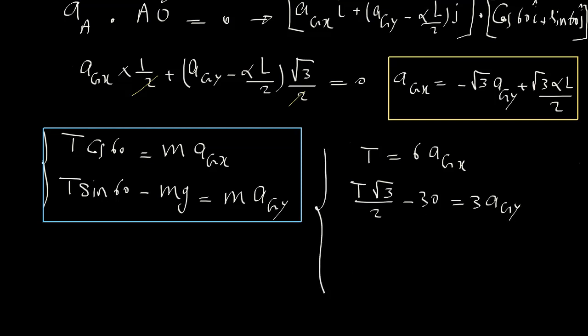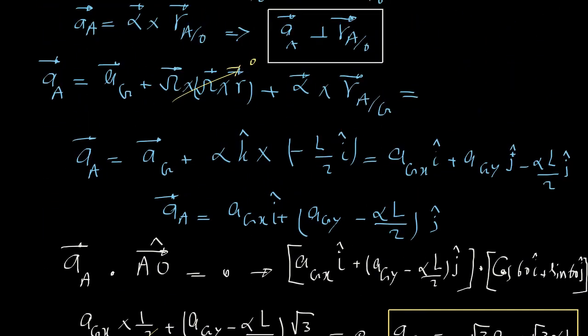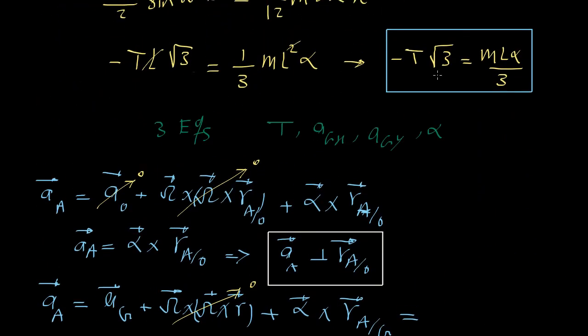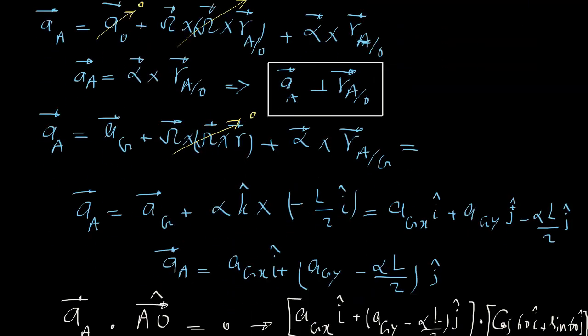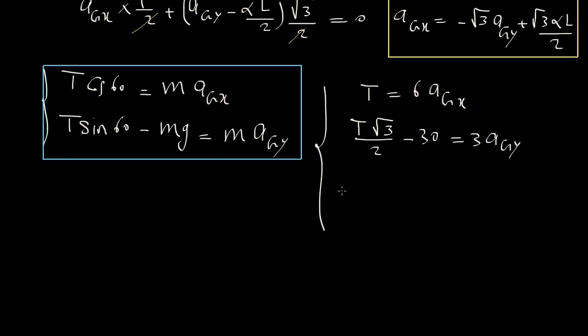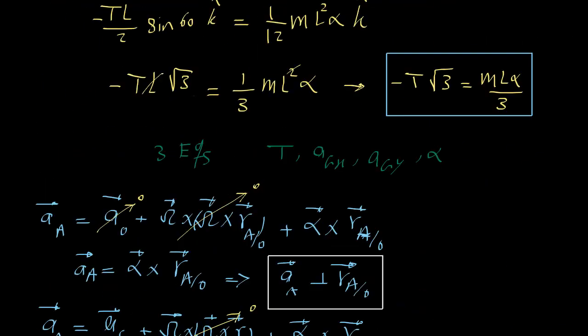Let's write down the other two equations that we have. So one is here, minus T square root of 3 is ml alpha over 3, so minus T square root of 3 is equal to ml alpha, where ml is 12, so let's do the multiplication here. Let's check this.